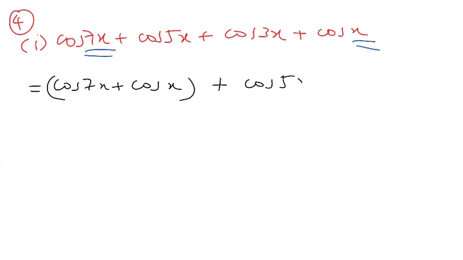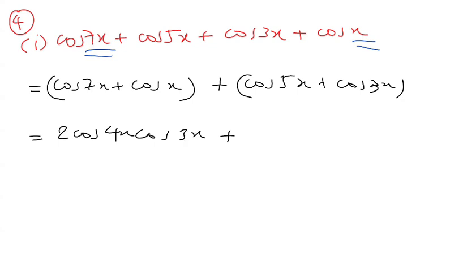So this will be 2 cos 7x plus x upon 2, cos 7x minus x upon 2. See, this is C, this is D, this is C, this is D. Plus 2 cos 5x plus 3x upon 2 and cos 5x minus 3x, 2x upon 2, which is x.